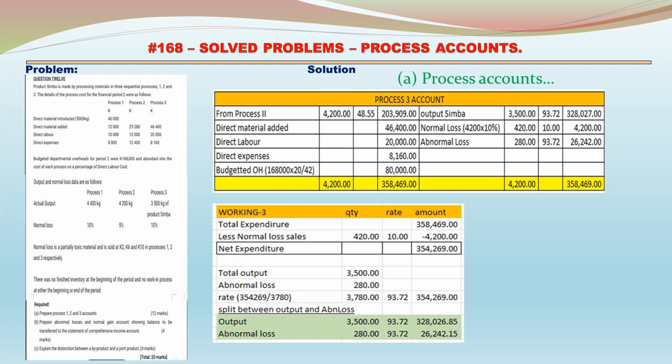The rate per unit is 354,269 by 3780, 93.72. Output 3,500 into 93.72 is equal to 328,027. Abnormal loss 280 into 93.72 is equal to 26,242.